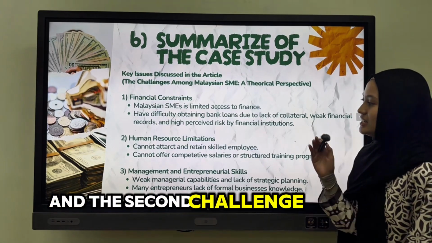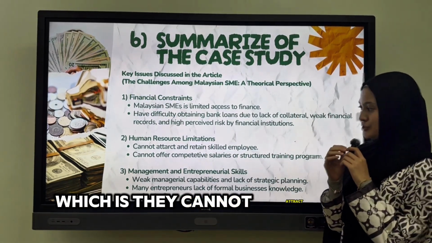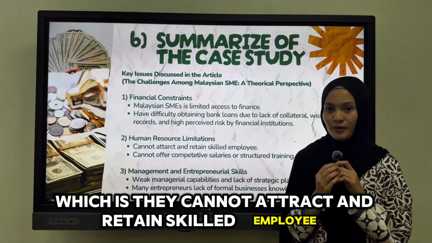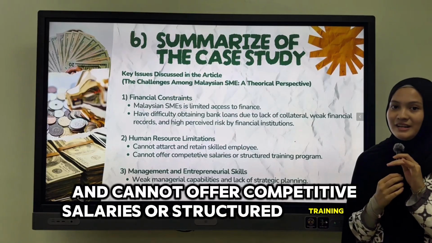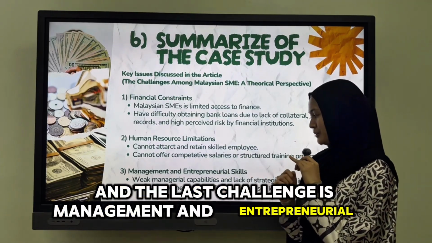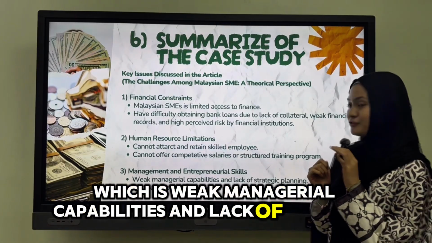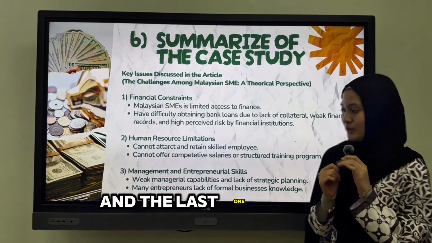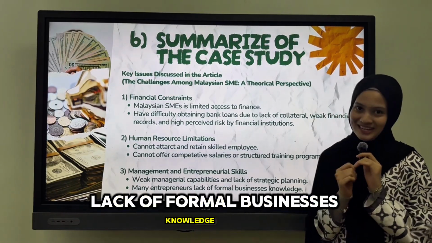The second challenge is human resource limitations, where they cannot attract and retain skilled employees and cannot offer competitive salaries or structured training programs. And the last challenge is management and entrepreneurial skills, which is weak managerial capabilities and lack of strategic planning. Many entrepreneurs also lack formal business knowledge.